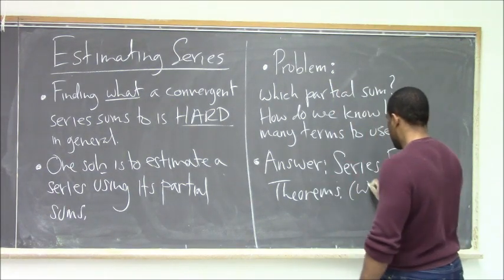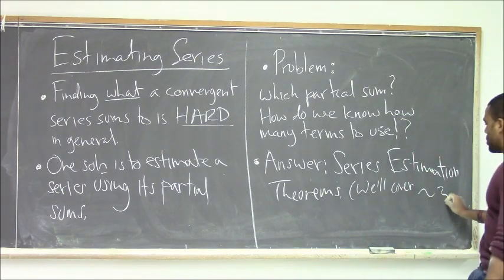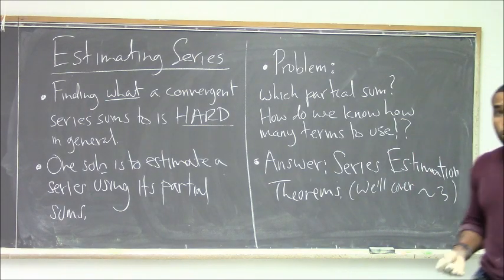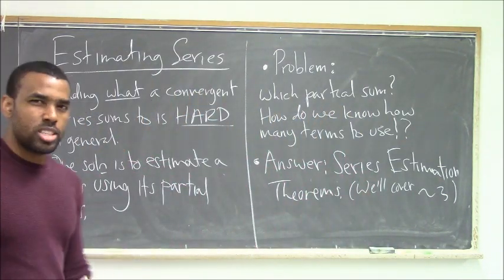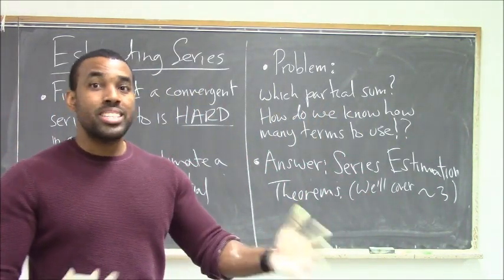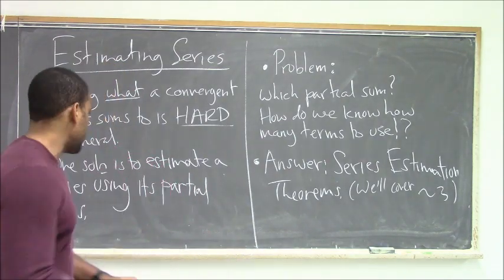So we'll cover approximately 3, the most important of which is the alternating series estimation theorem, because this is one where consistently I've seen them ask about approximating an alternating series.